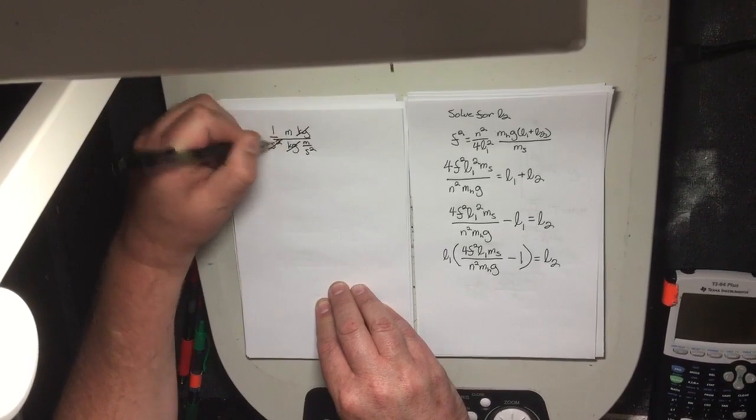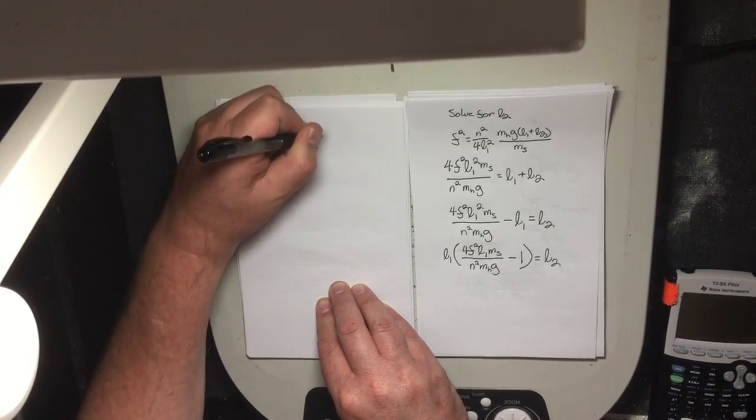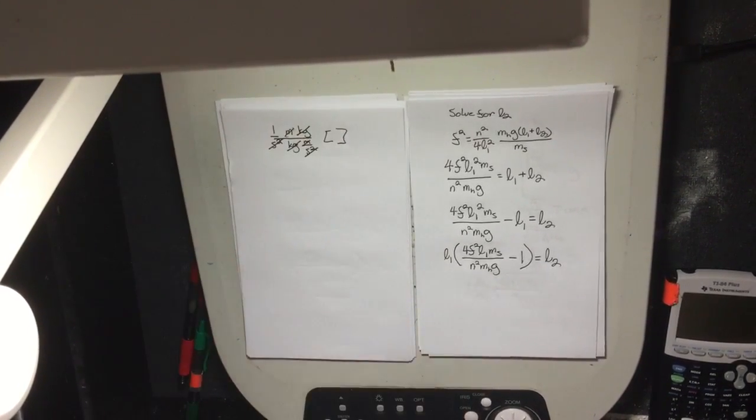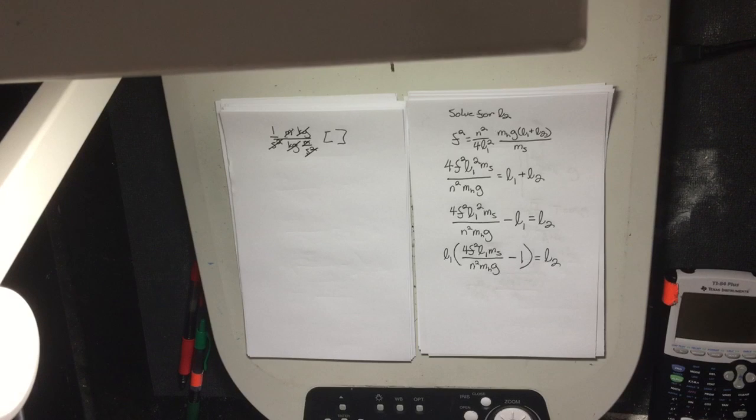Kilograms, kilograms, seconds squared, meters, meters. It is now unitless. So the units do check. One of the things, and it never hurts to repeat this, if you're confused and you do a unit check and the unit check works out, you've got a certain level of confidence going on in the problem.